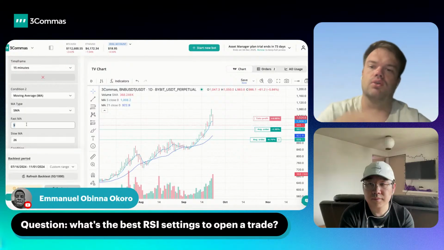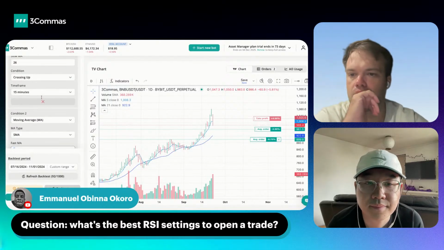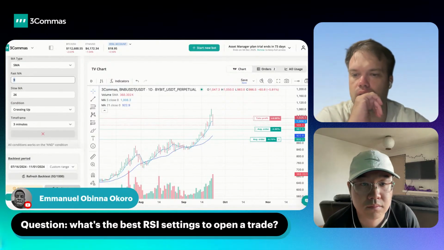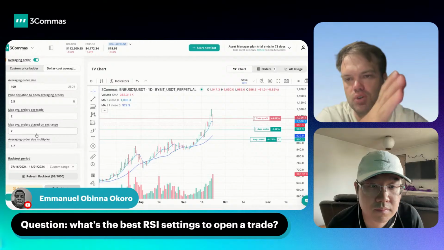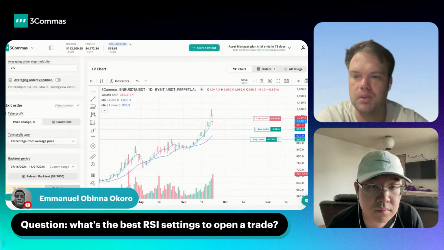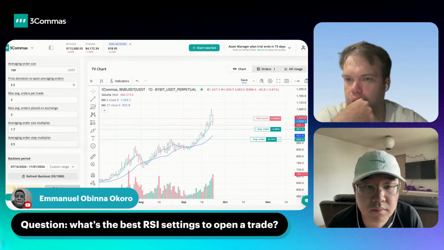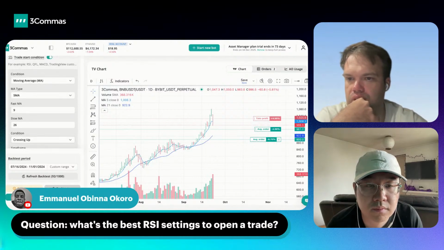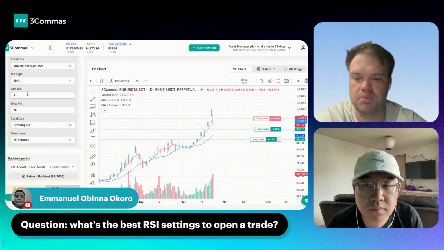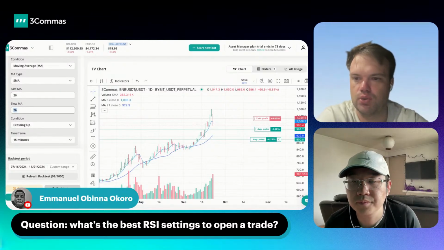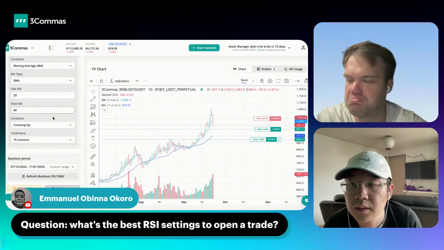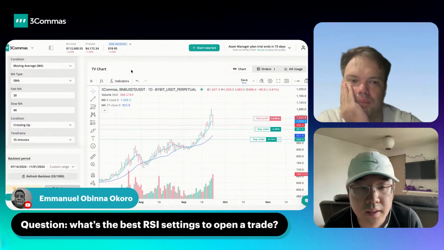But if you want your trades to be open on 1 hour frame, but you want your signals to be on 15 minutes, that's also fine. So moving average is pretty simple. It's 20/40 for me. It's just like this. Awesome.